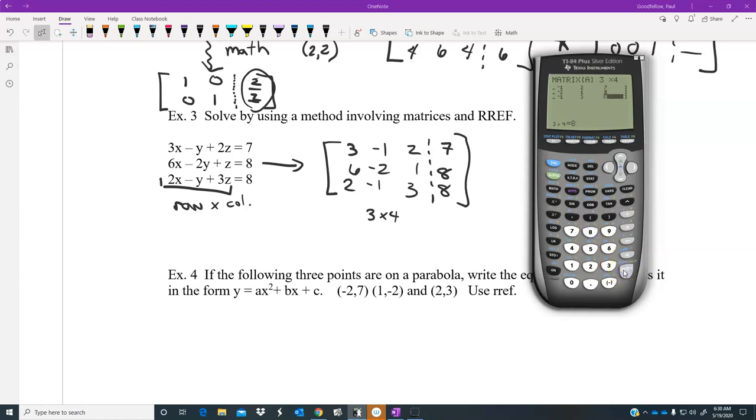Okay? Now, how are we going to get that augmented matrix into RREF? Well, one of the menus that we haven't used a lot when it comes to matrices is the math part. We have used names, to paste on the home screen, and we've used edit, but the one in between we've not really used very often.